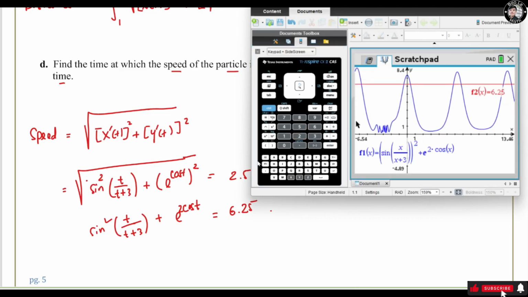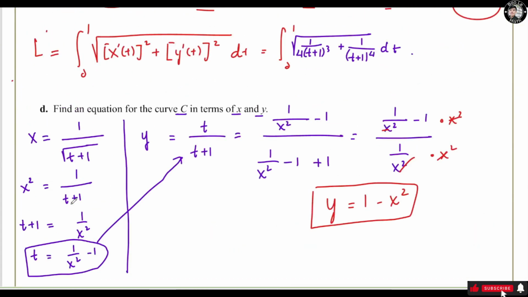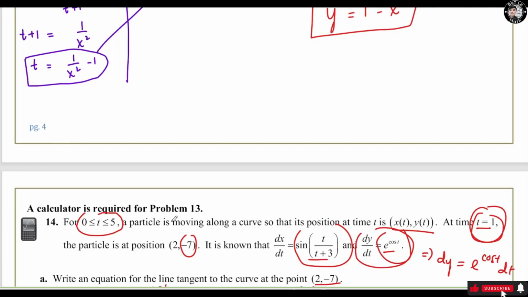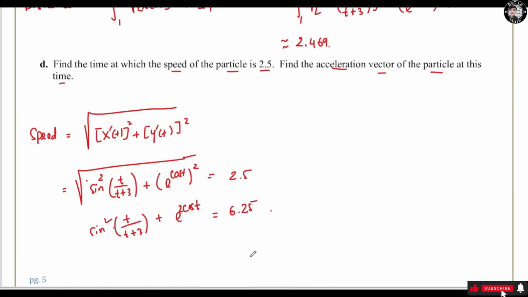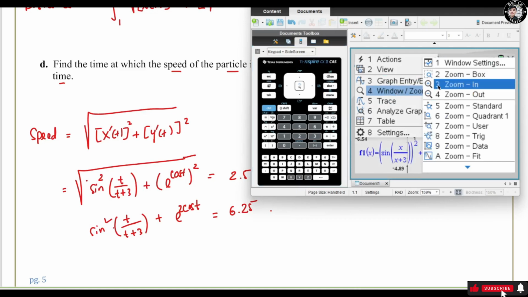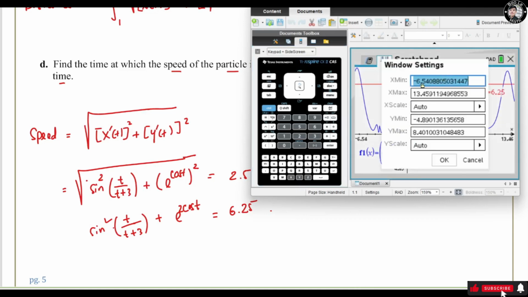Alright, now we need to find the intersection. Remember, we need to restrict the domain. The domain is t from 0 to 5 right here. So we're going to press menu, window, zoom, window settings right here.